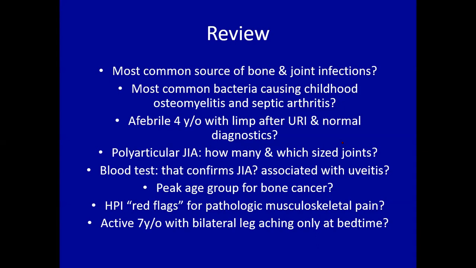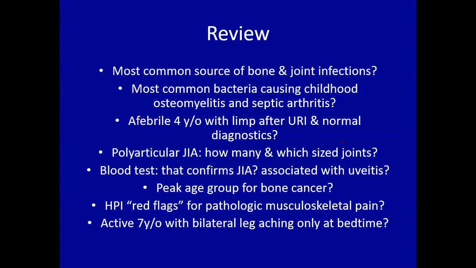So to review, what are the most common sources of bone and joint infections? Most common bacteria causing childhood osteomyelitis and septic arthritis. An afebrile 4-year-old with a limp after URI and normal diagnostics. Polyarticular juvenile idiopathic arthritis: how many and which size joints would be involved?